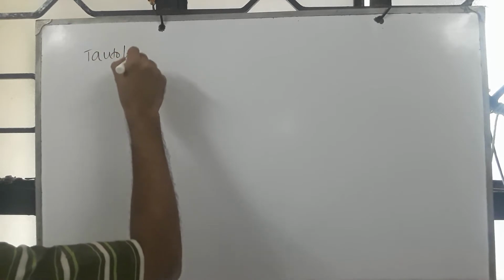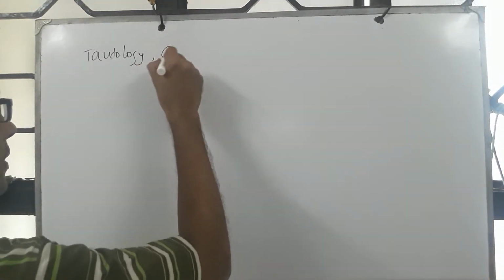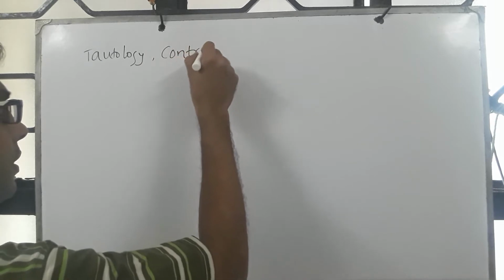So we were discussing tautologies, which is a propositional expression or a form taking the truth value true always. Then we were discussing something called contradiction.